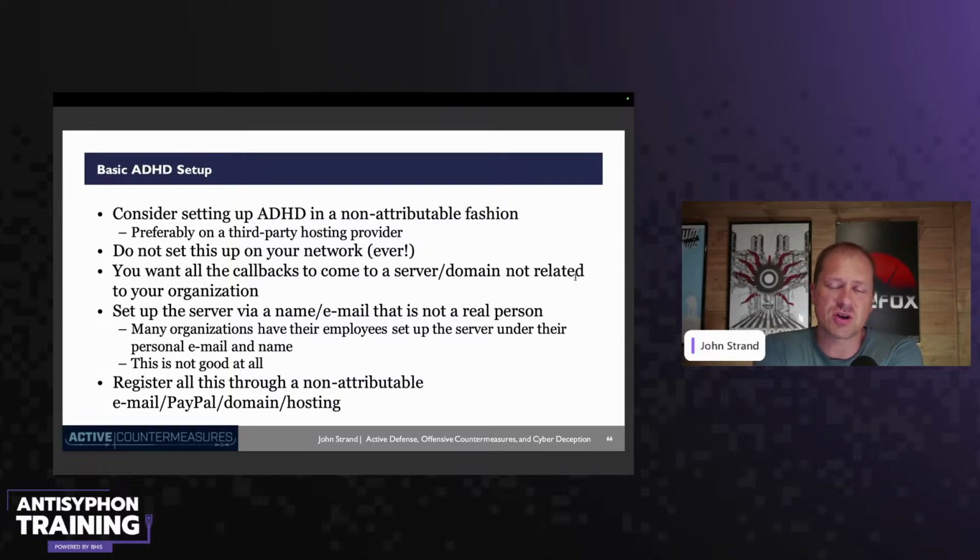Also, if you register, try to set it up through anonymous registration so they can't say, well, this is by Black Hills Information Security. You want to make sure that you have some level of separation. Also, set the server up via a name and an email address that's not a real person. I have had organizations that we've done work with in the past where they're like, yeah, John, why don't you just set this up with your personal credit card?